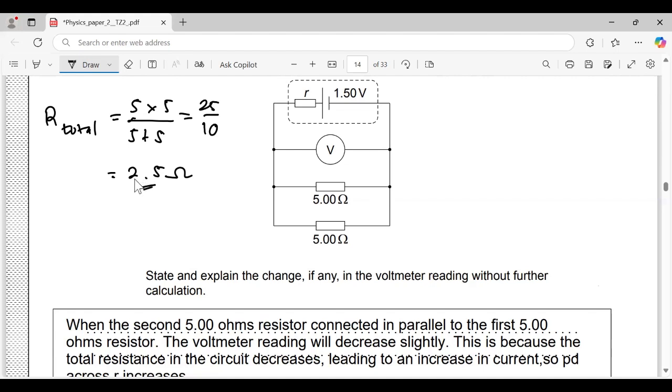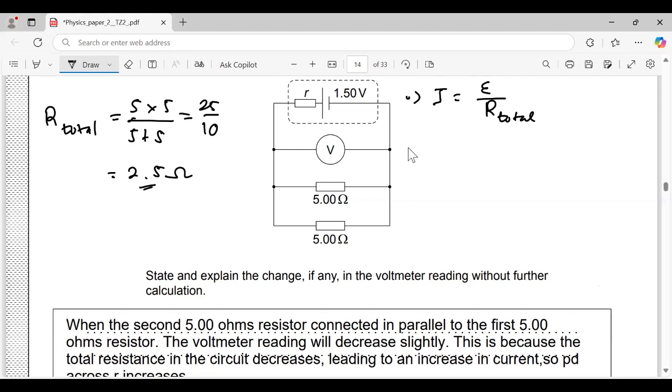So the implication on current: the formula is epsilon over R total. If R total, 2.5, is lower than 5, the current I will increase.